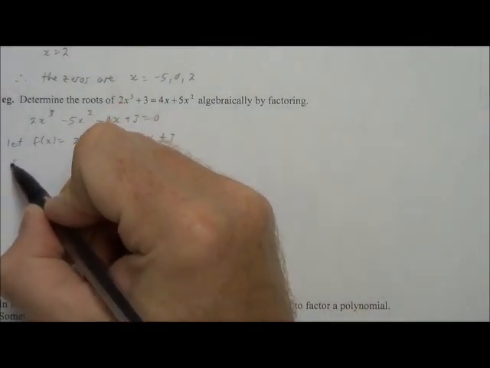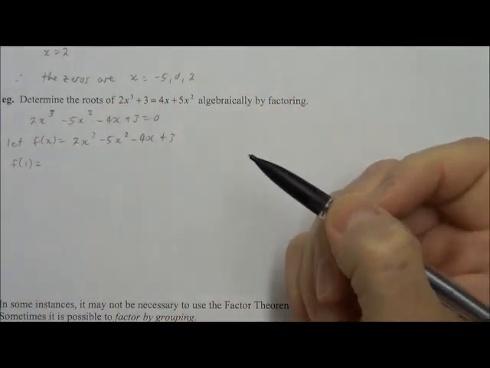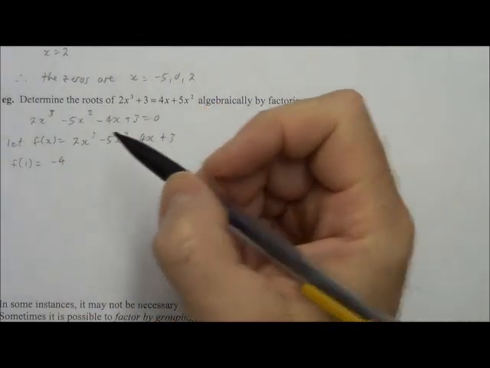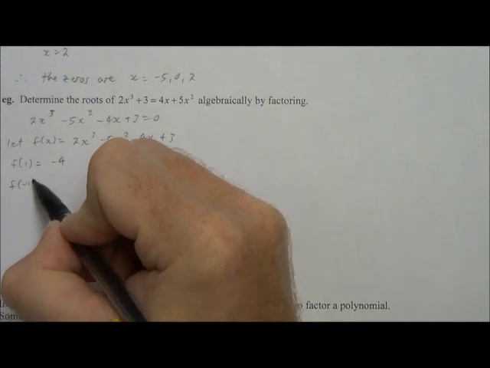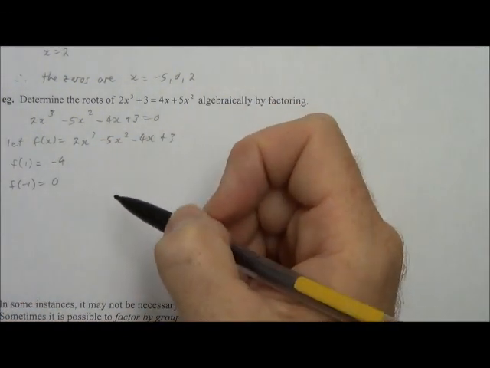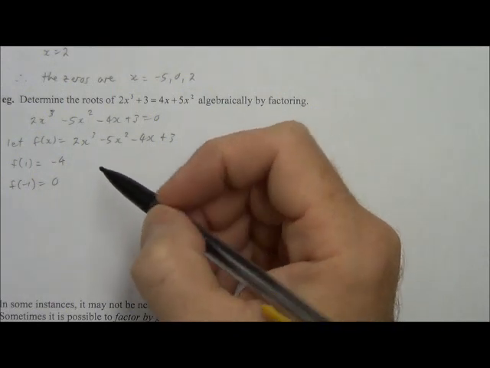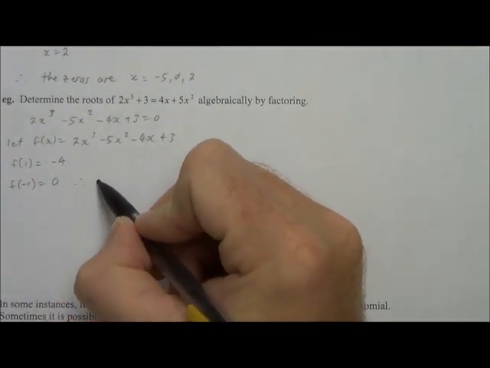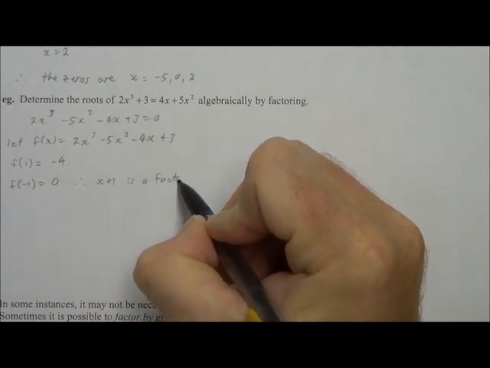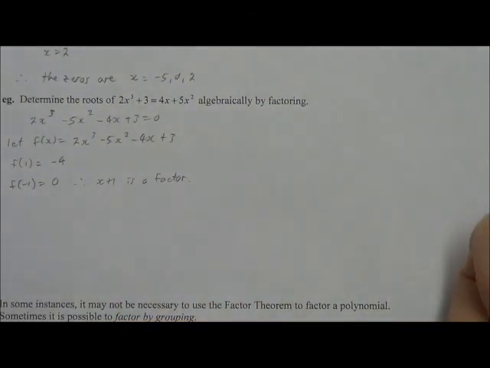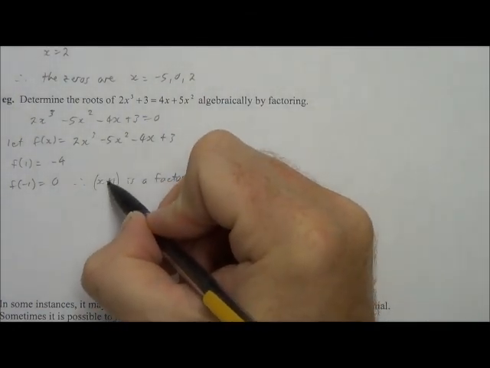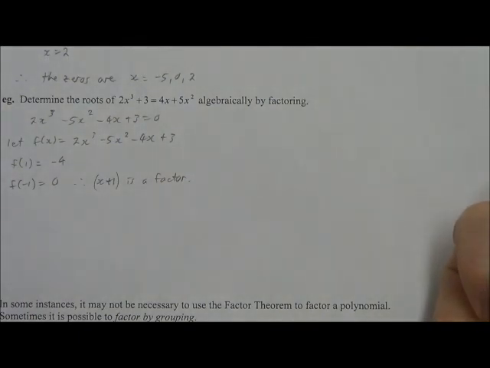Okay, so now that you've done that, I have gone through and worked out f of 1 equals negative 4. f of negative 1 equals 0. So therefore, x plus 1 is a factor. And I could put that in brackets to make it a little bit more compact.